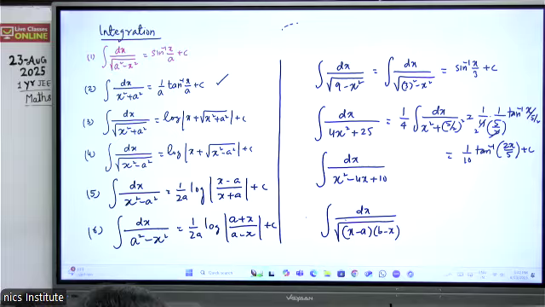Now you can write this as root 6 whole square, and then decide which formula you want to apply.